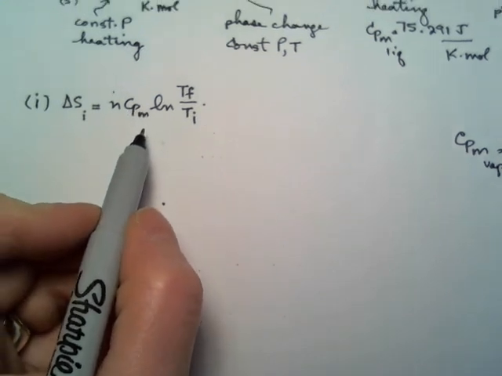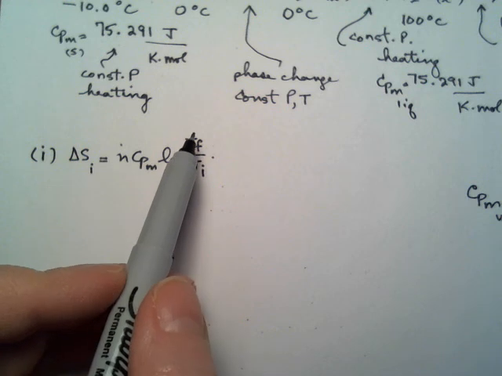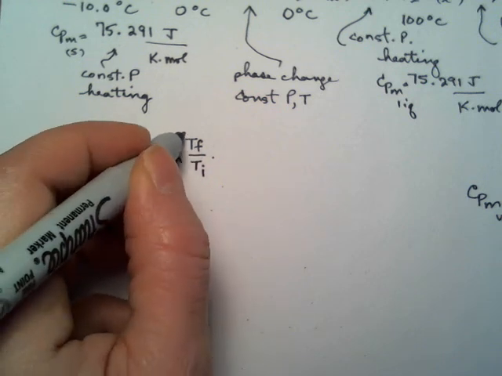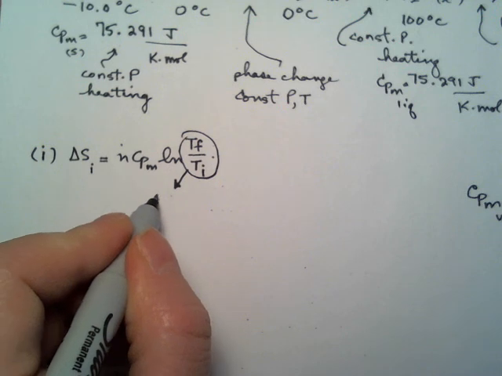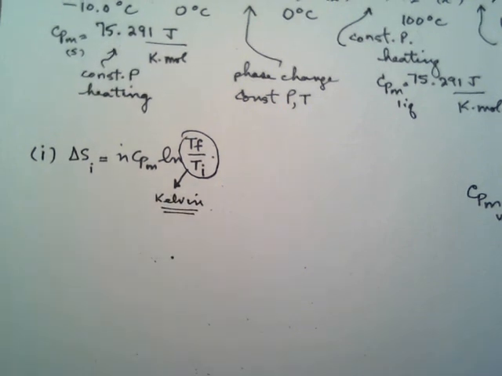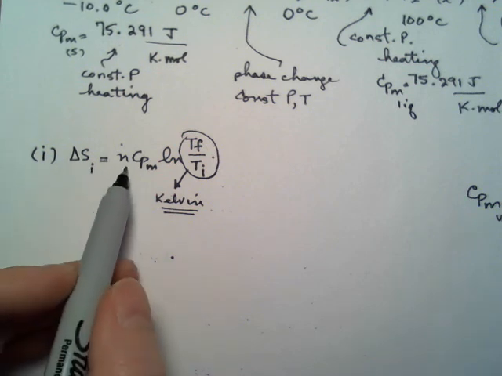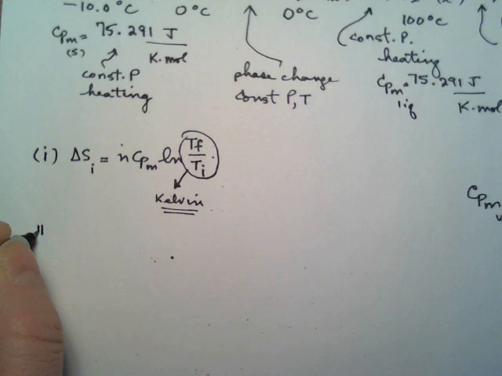The heat capacity is this guy, and the ln T final over T initial. And in case you have the sound off, I still want to warn you that this has to be input as Kelvin. Of course, the units cancel, but it would be a shame to get that wrong by putting it in as a Celsius unit. So don't do that. Your units will be, moles will cancel, joule per Kelvin for number 1.